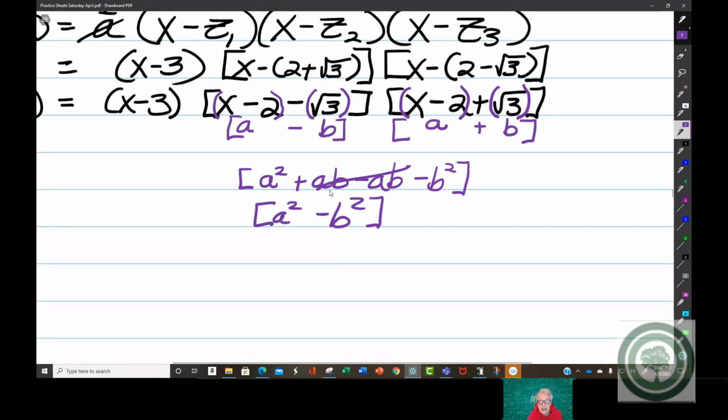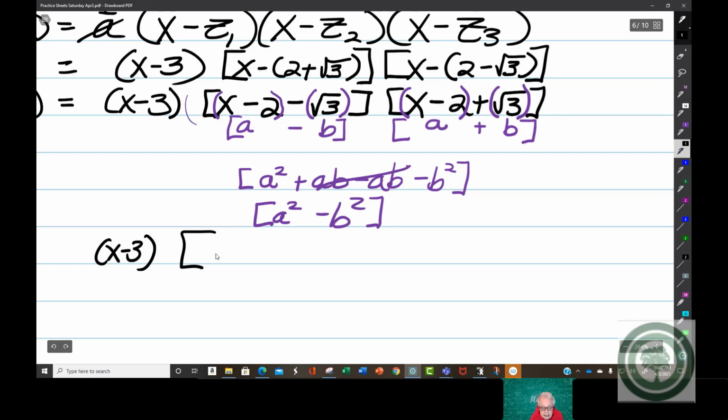That means that if I multiply bracket x minus 2 minus the square root of 3 times brackets x minus 2 plus the square root of 3 together, I will get, yes, x minus 3 is still out there, waiting patiently.